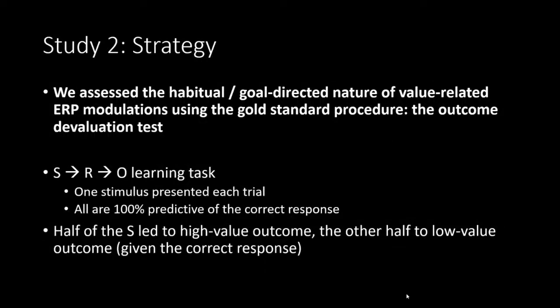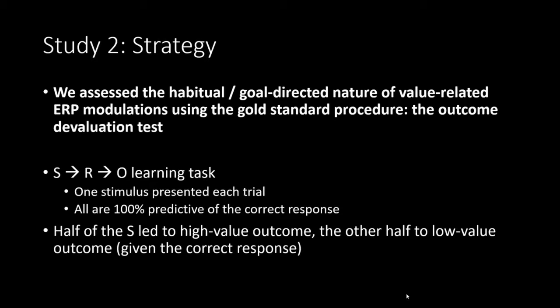So we use the same logic in an EEG experiment with human participants, with students. It was a bit of a challenge, but I think we did a nice job here.